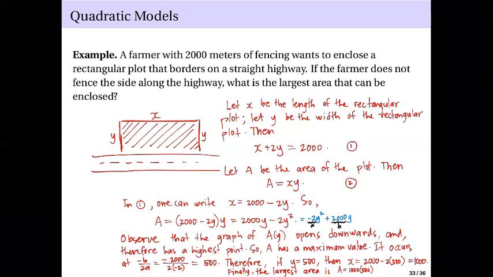So this is 500,000 square meters. Take note of that unit. So meters squared. And that's our final answer.